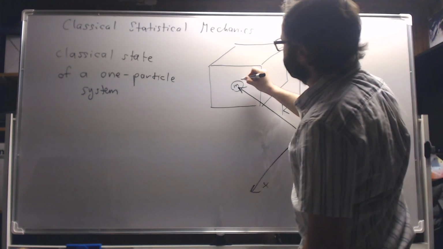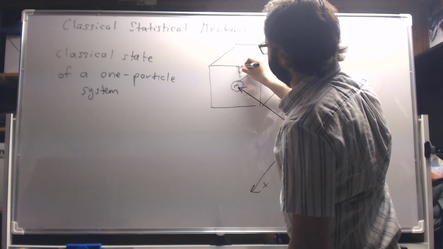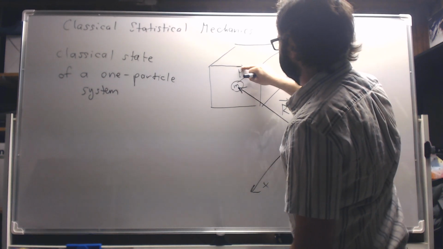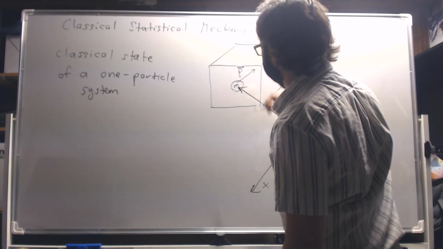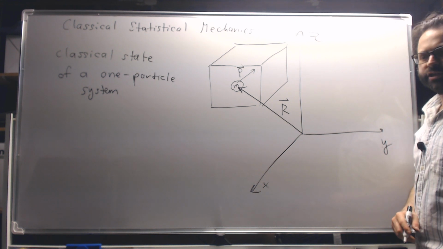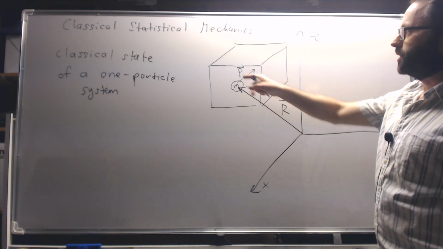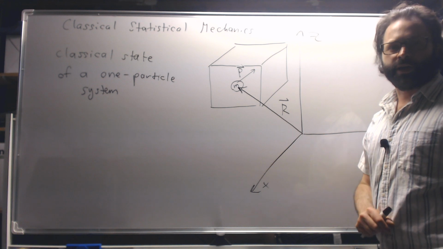And it has some momentum. We can denote by this vector, momentum vector p. Kind of drew it too close to the box. Momentum vector p. And so this is the state of a classical mechanical system that is composed of just a single particle. You specify its position vector, you specify its momentum vector, at some point in time.